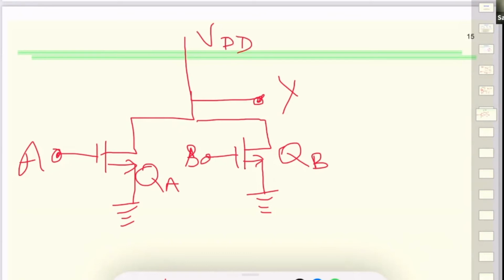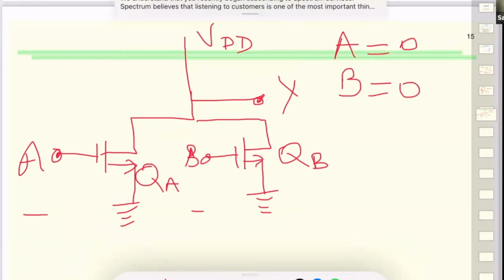Now let's take a look at this. Now we have two inputs. Let's take all situations. If A is 0 and B is 0, what do we get at the output? If A is 0 and B is 0, what do we get at the output?